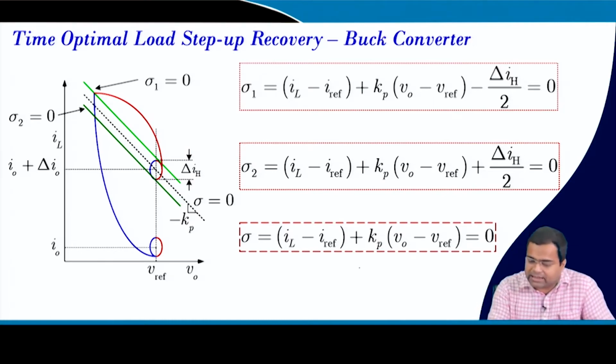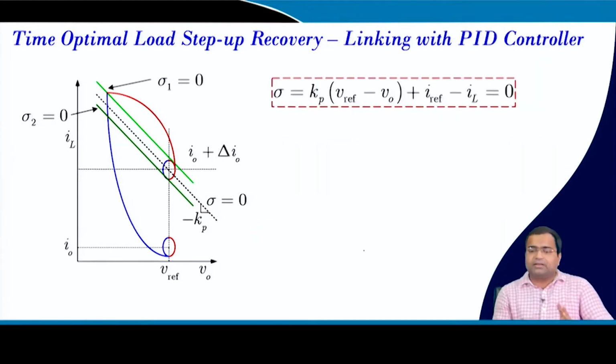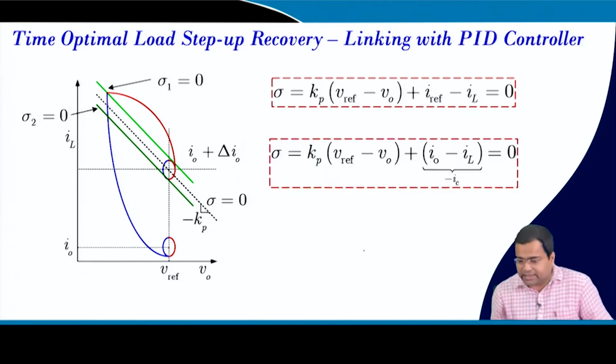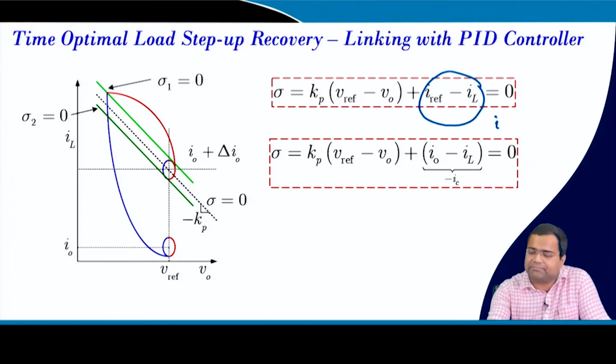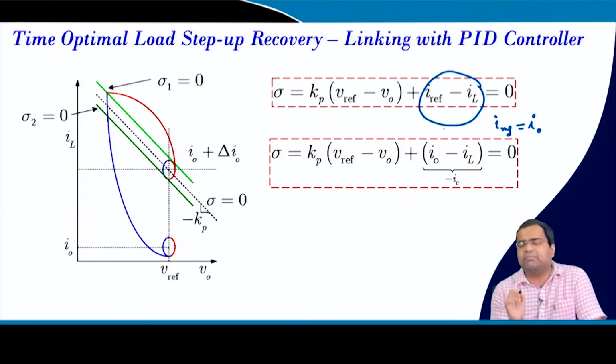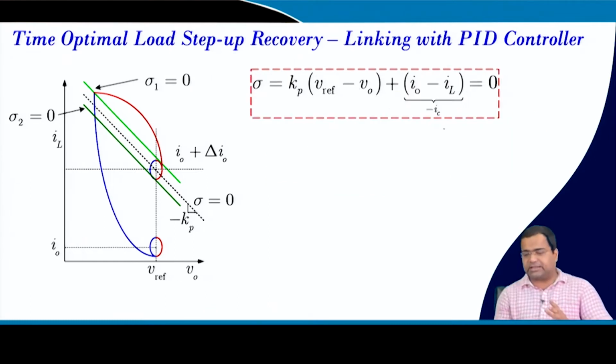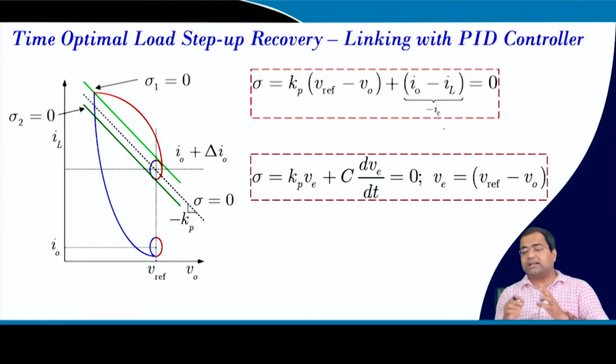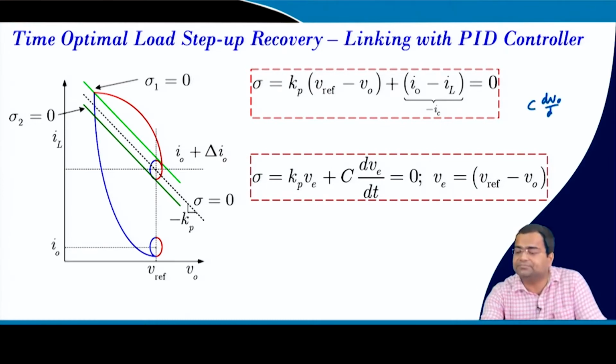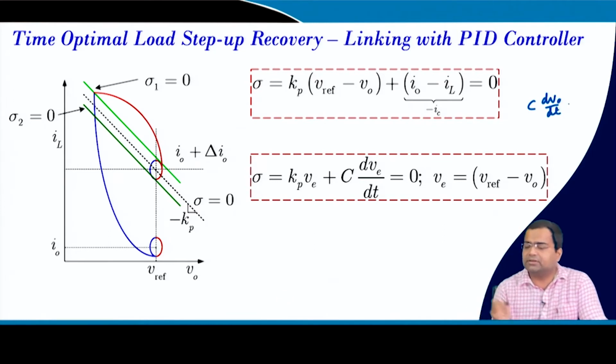Now, another problem: you have to choose this proportional gain. How to choose that? If you recall our earlier concept, if the reference current is equal to the load current, then load current minus inductor current is minus the capacitor current, and the capacitor current is C dV0 dt. Now, what is our V0?